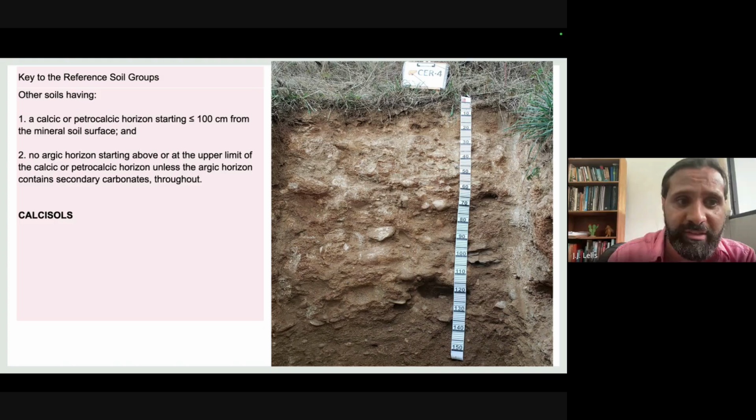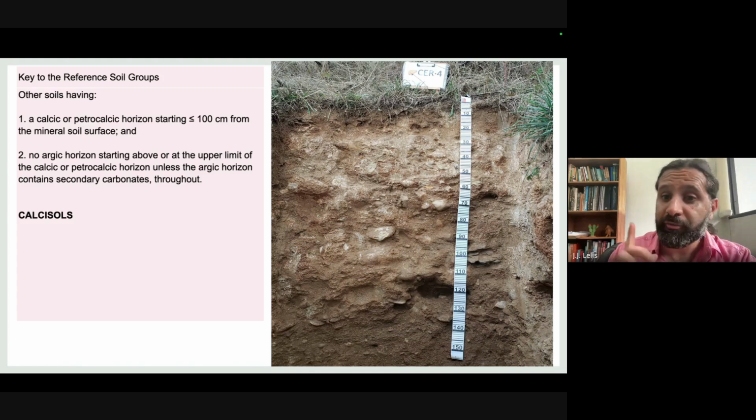Okay, so these calcic soils are those soils with calcic or petrocalcic horizons below the soil surface, but in the first 1 meter, and no argic horizon above or at the upper limit of the calcic or petrocalcic horizon, unless this argic horizon also expresses the precipitation of secondary carbonates.